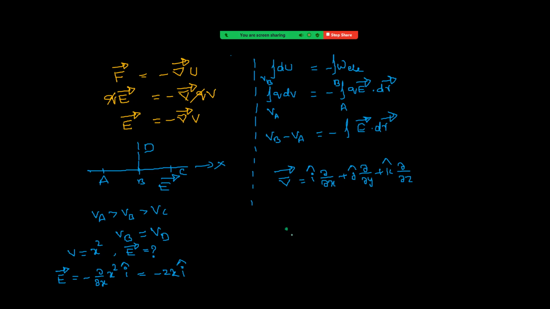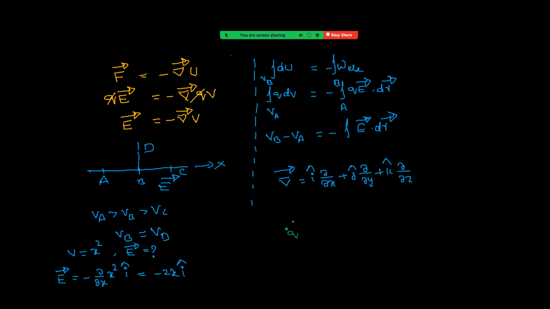Because of a point charge, electric field will be radially outwards. How to say that? If you imagine a unit positive charge here, this repels along the line joining them. So anywhere you take, it will be along the line joining them. Therefore field will be radially outwards if the charge is positive, and along the field potential decreases.